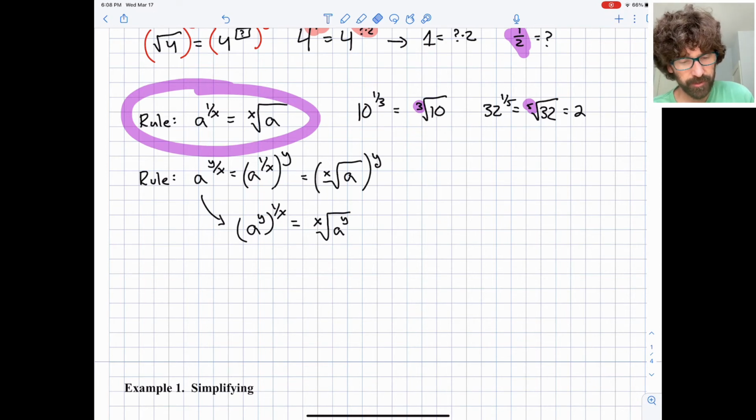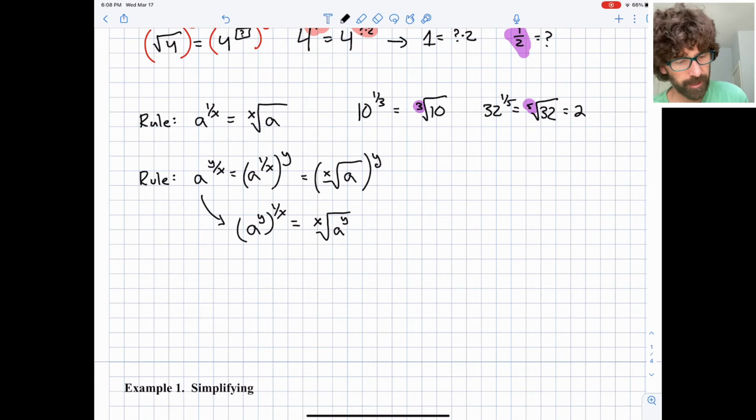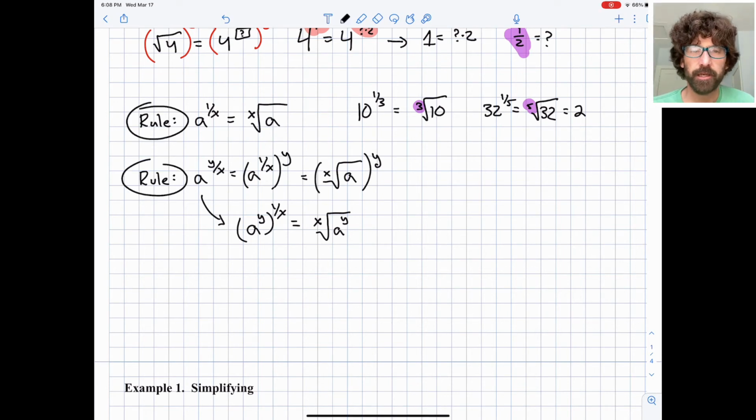But let's extend this rule a little bit further. Okay, so we have the first rule we just looked at. Let's look at this next one. What if the numerator of our fraction isn't a 1? Okay, before the numerator of the fraction was a 1, but now what if it's a y? What if it's some other number?